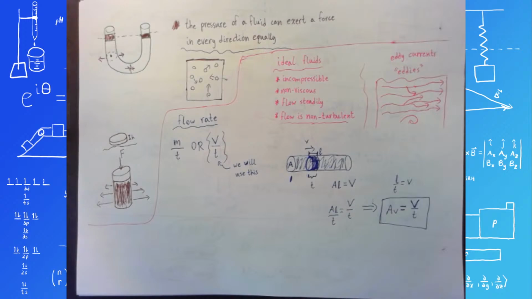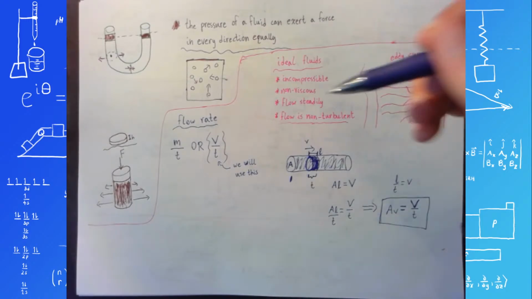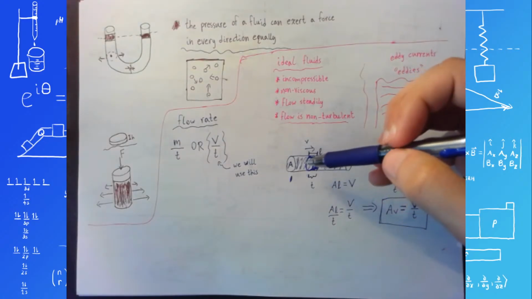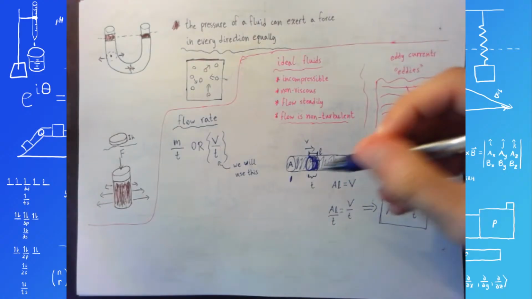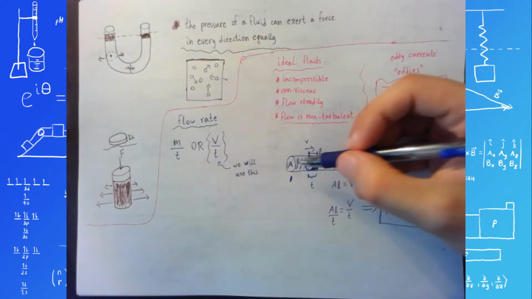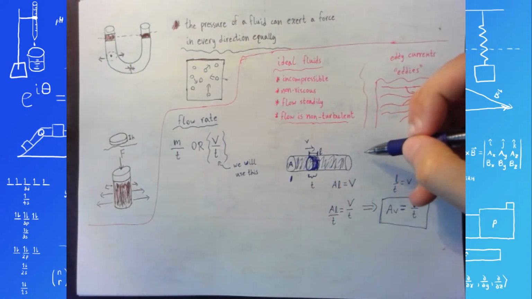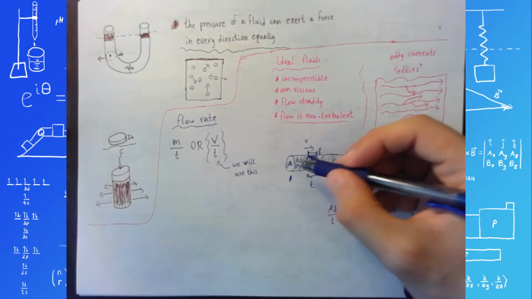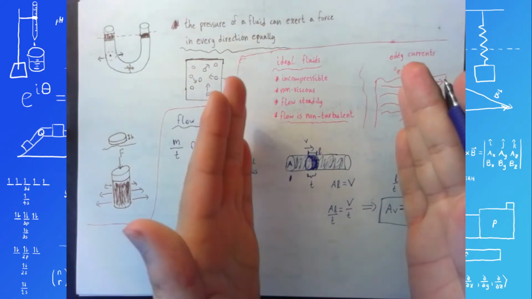But we can do better than this. If the flow rate is constant, which for an ideal fluid it should be, then if I have, say, 10 cubic meters of water moving through this pipe per second coming in over here, it better be coming out at a rate of 10 per second as well, because if it's coming out slower than it's coming in, then it would be forced to compress.